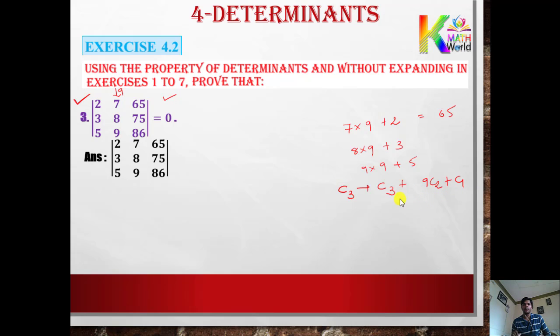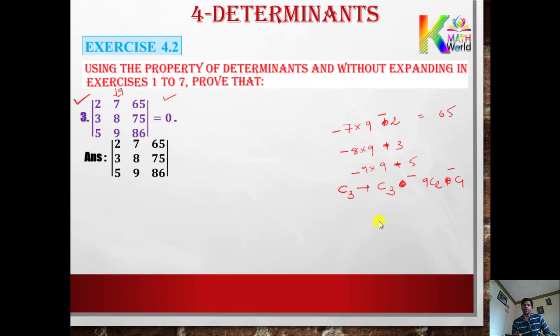But then what will happen? Everything becomes positive. So instead of the plus sign, we are going to consider the negative sign. Then what do you get? C3 minus 9C2 minus C1. Minus 9C2, so here you get minus 63. Minus C1, so here it will be minus 2. Same way here minus, same way here minus.